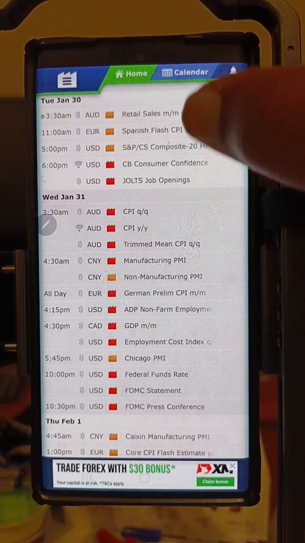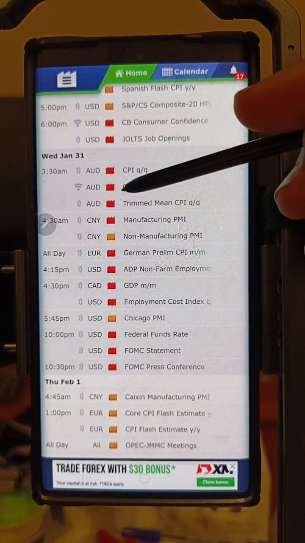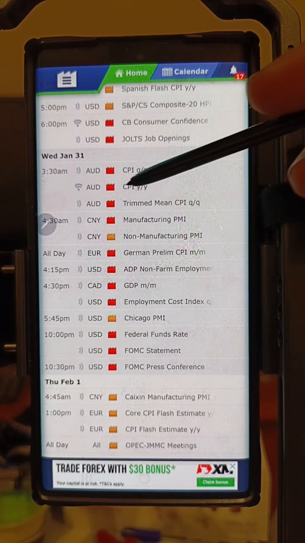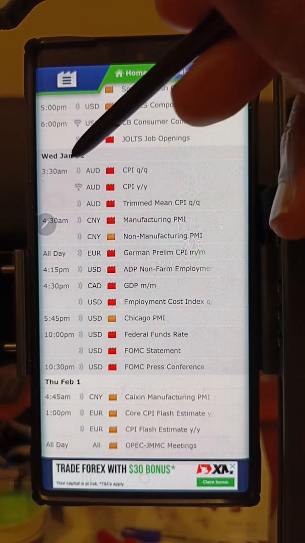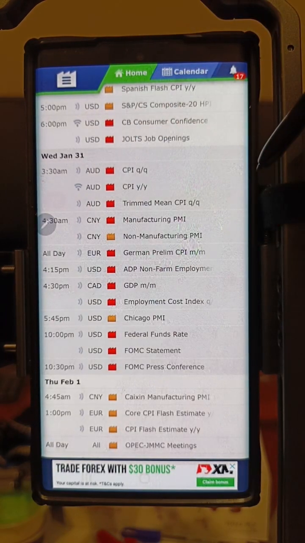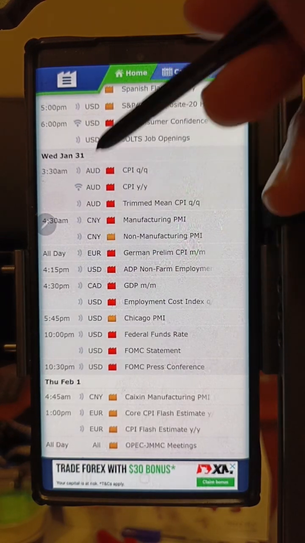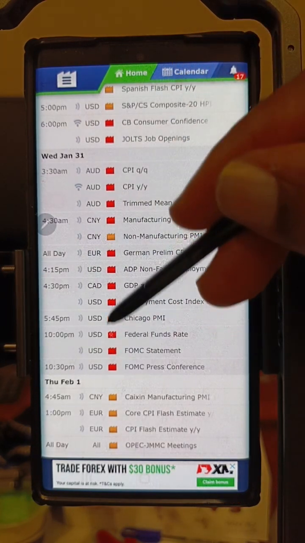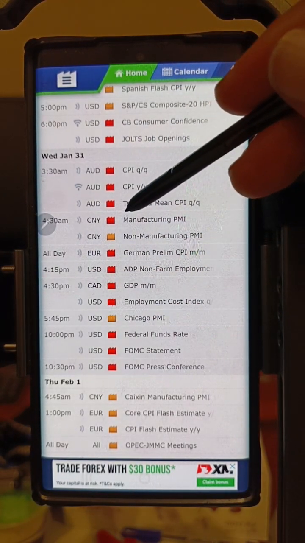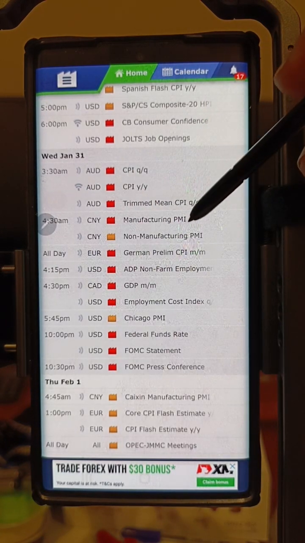So on Wednesday, you can see there will be CPI for Aussie news coming out at 3:30 a.m. my time, that is the Middle East time, looking at Dubai time, Kuwaiti time. This will give you a lot here. You've got China manufacturer PMI.